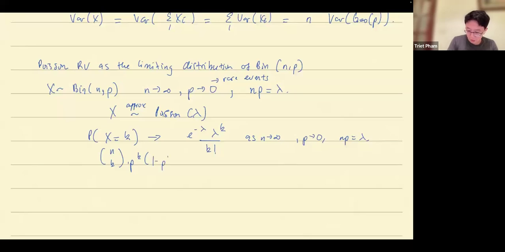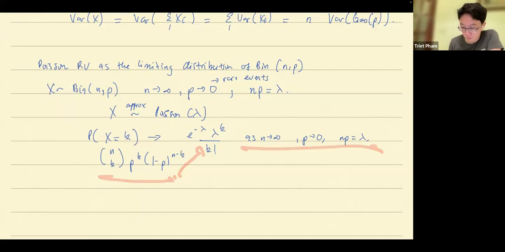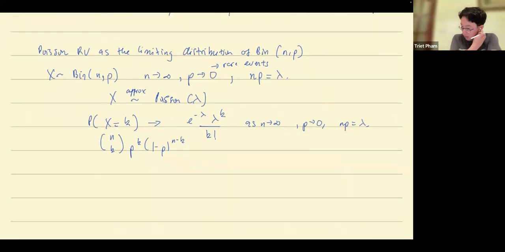So this expression, when n is large, p is small, and np equals lambda, converges to this expression. Again, this is a deep result, in the sense that I would challenge anyone to prove that this converges to that. It's not easy, but let's set that aside.